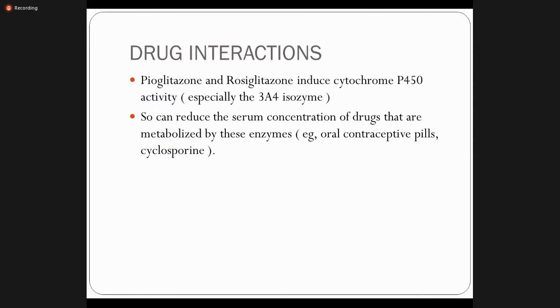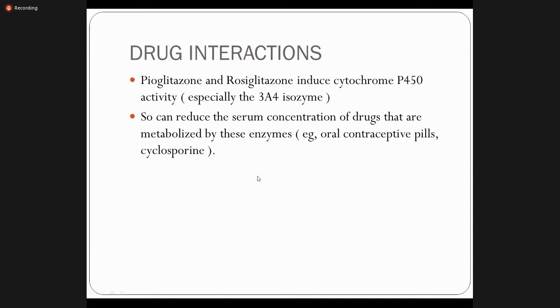Okay, drug interactions. Pioglitazone and rosiglitazone induce cytochrome P450 activity, especially the 3A4 isozymes, so they can reduce the serum concentration of drugs that are metabolized by these enzymes, like oral contraceptive pills and cyclosporine. And this concept we have already discussed again and again when we talk about drug metabolism.